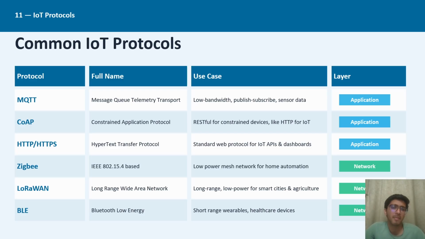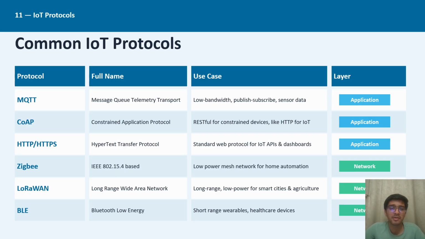Coming to the important part, which is the IoT protocols. IoT uses specialized protocols designed for constrained devices and unreliable networks. First is MQTT. It is the most widely used, a lightweight publish-subscribe protocol, perfect for sensors sending data to cloud brokers. Next is CoAP, which is like HTTP simplified for microcontrollers.